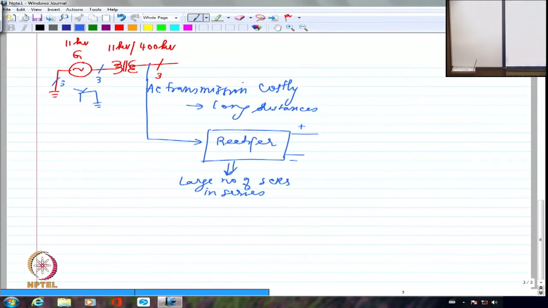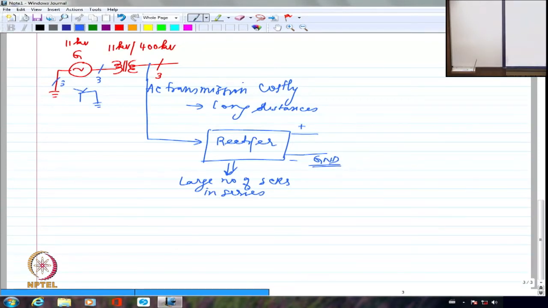Now there are only 2 conductors. I can take it to extremely large distances. I'll save on copper. Instead of 4 conductors, R, Y, B and neutral, now I have 2 conductors. In fact, in some of the cases, the return will be ground, which means I have only 1 conductor, right?